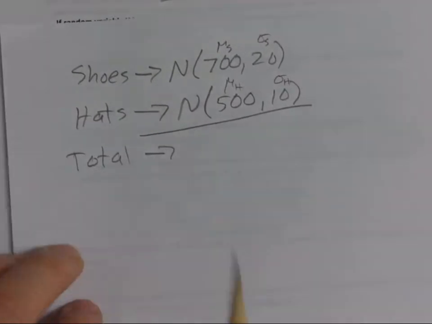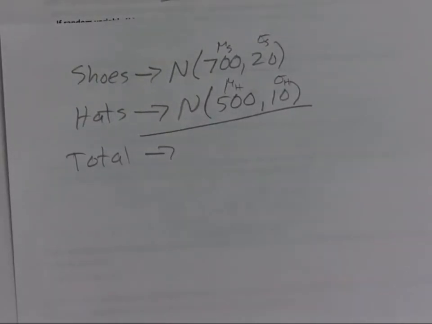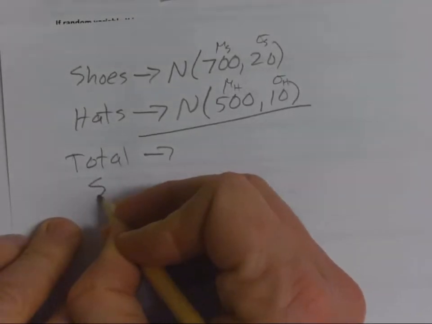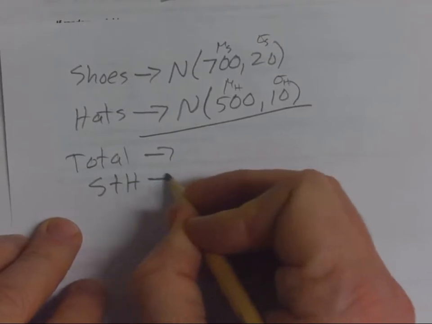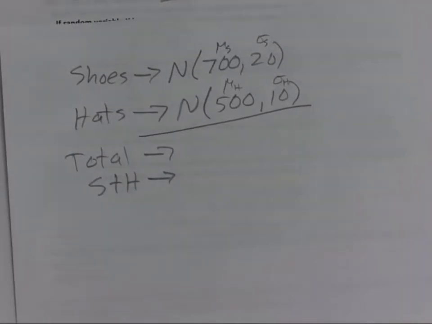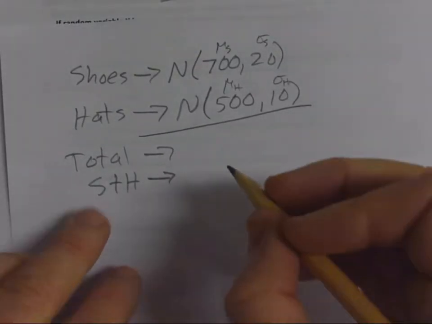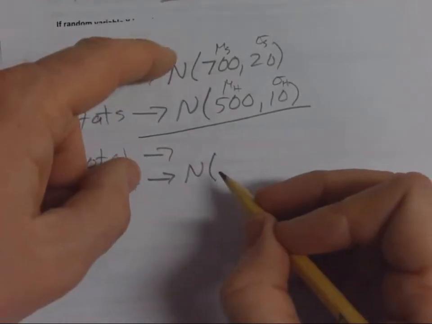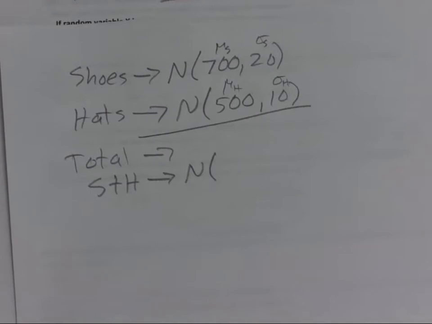And that is what combining random variables means. It means we're going to add them and we potentially are going to subtract them as well. All right, so the total would be S plus H, our new random variable S plus H. When you add together two random variables, you can add their means. And when you add together two normal curves, it's also a normal curve.